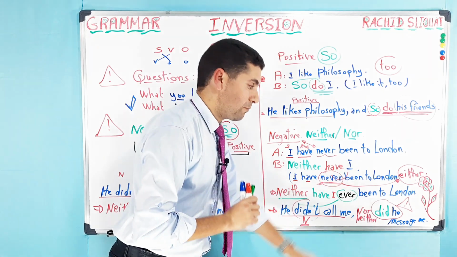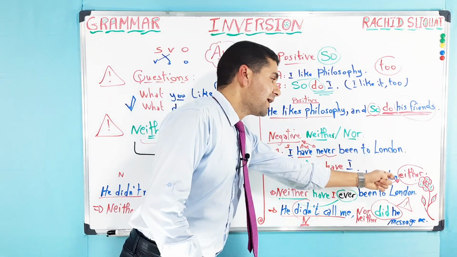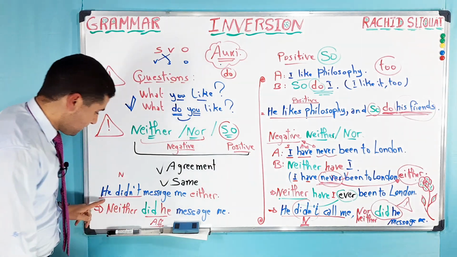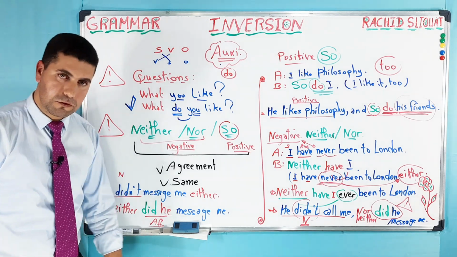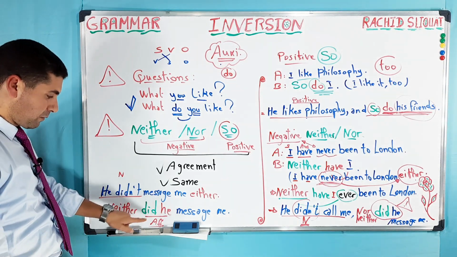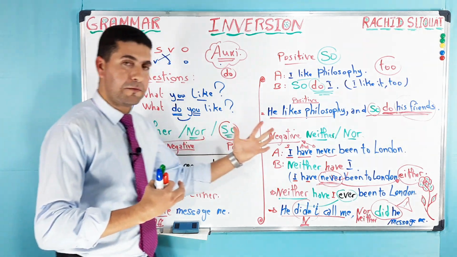Neither have I ever been to London, which means I have never been to London either. Okay? The same thing here. He didn't message me either. Neither did he message me. This is affirmative, but still keeps the negative sense.